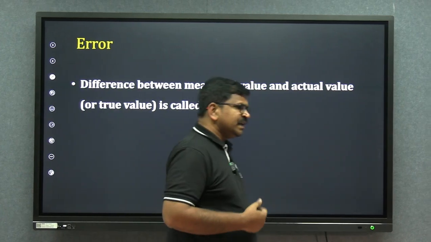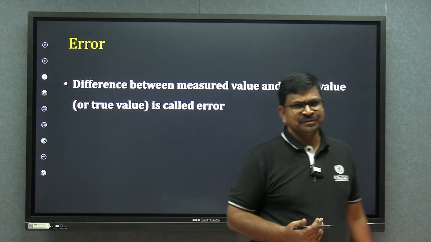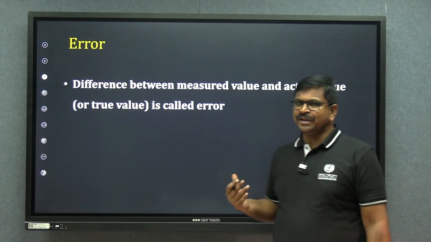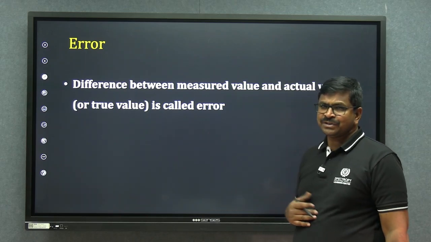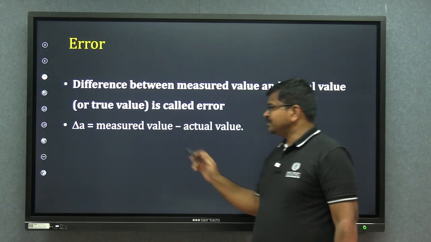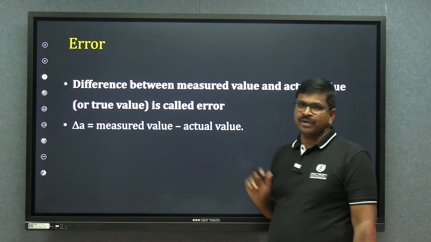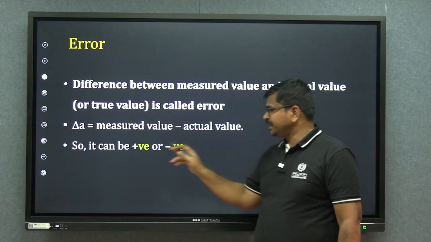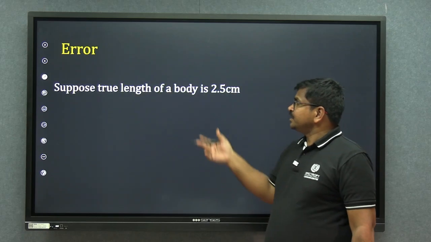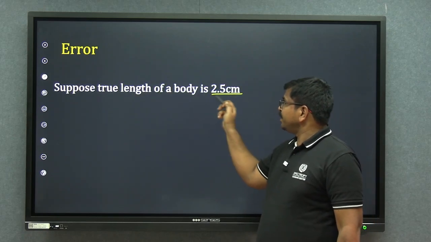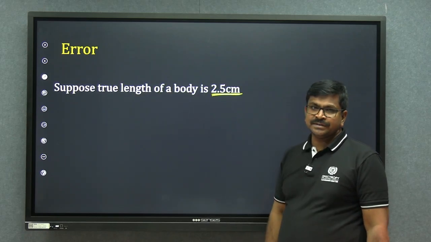Usually, error means what? Error is deviation from the actual value, or the difference between the true value and the measured value. I can write it like this: measured value minus actual value, and here it may be positive or negative. Suppose the true length of the body is 2.5 centimeters.